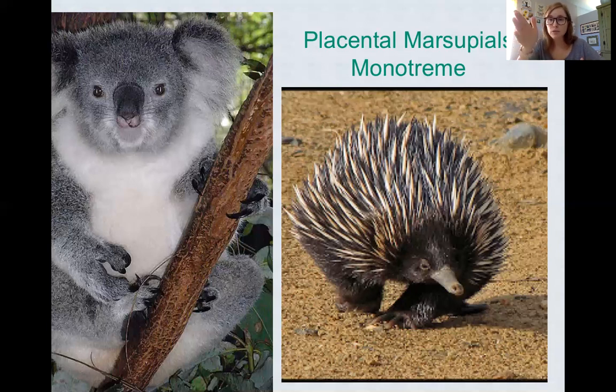So it's a mammal that lays eggs, and then it nurses its young, but they don't have nipples like marsupials and placental animals do. They lactate and it just oozes out of their fur. The baby comes along and licks the fur, and that's a monotreme.